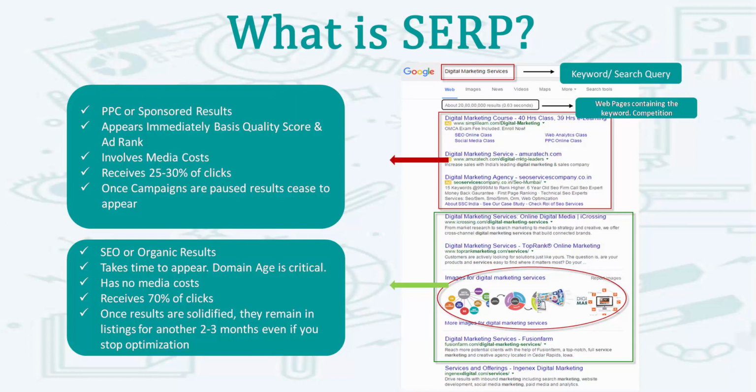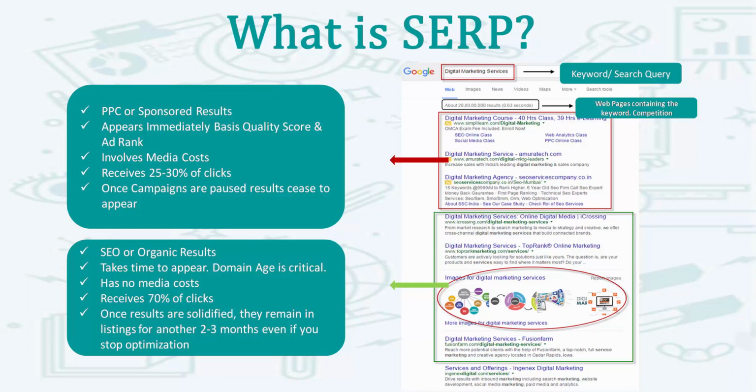I can improve the bid to 30 rupees and I still can be present on the first page of Google. But that doesn't happen in SEO. In SEO, only the most relevant results that have generated a trust factor amongst audiences and users who have used this particular product or services will appear. The quality of these landing pages and the content is 100% relevant to the keyword that is being searched.